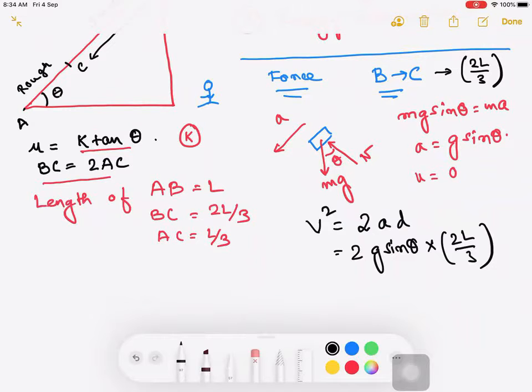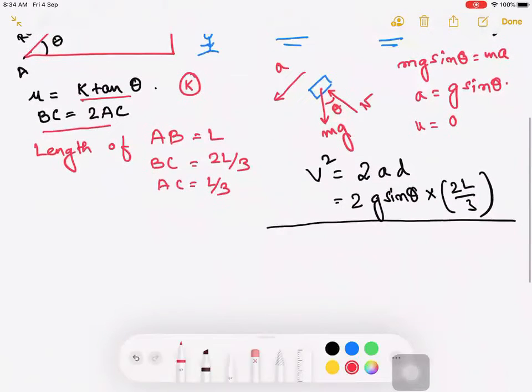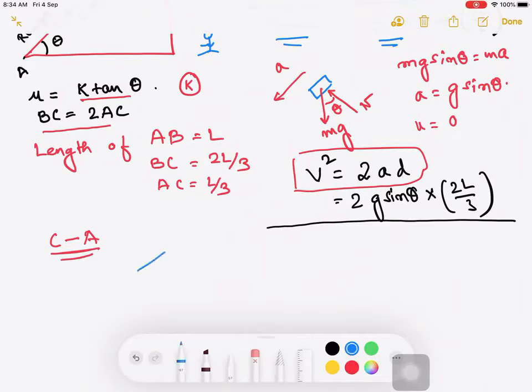Let's get into the next portion of the motion, which is from C to A. For the movement from C to A, the initial velocity is nothing but the final velocity in the movement from B to C. But the free body diagram of the object would change because there is friction.